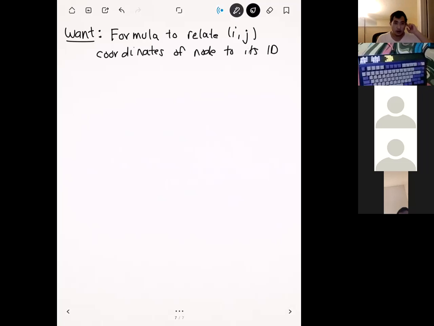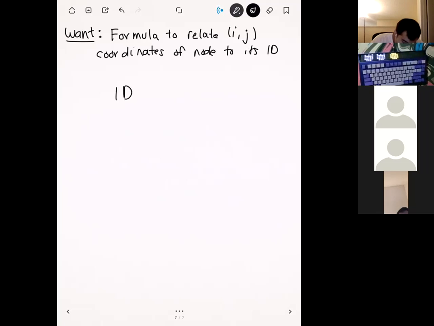Okay. And so I'll give you the formula that I have for my scheme. But remember, if you're going to use a different scheme, your formula is going to be different. Okay. And so the formula for this is going to be ID is equal to J minus 1 times NX plus I.